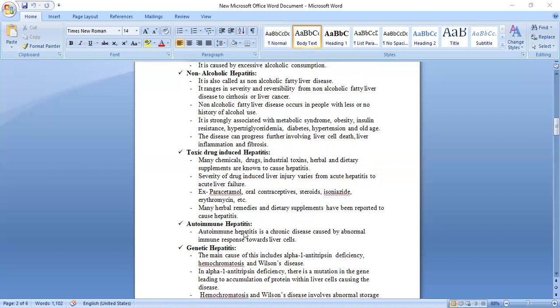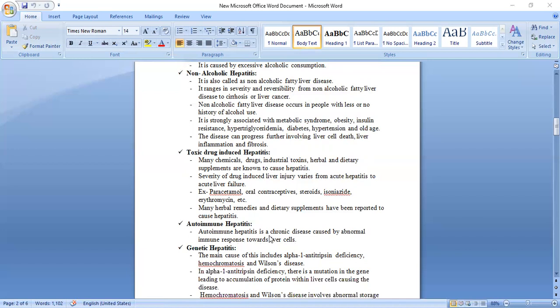Next one is autoimmune hepatitis. Autoimmune hepatitis is a chronic disease caused by abnormal immune response towards the liver cell. The immune system increases automatically, and this causes liver cell death, damage to the liver cell.